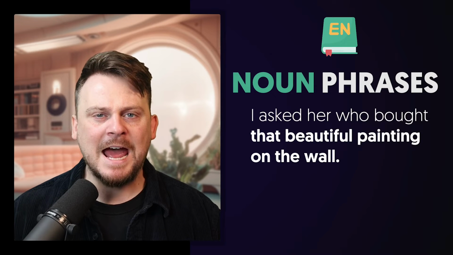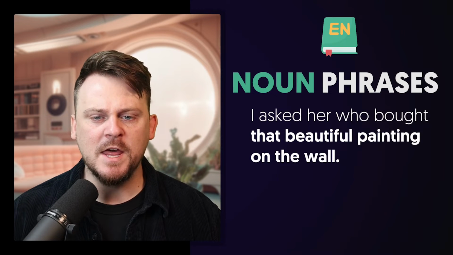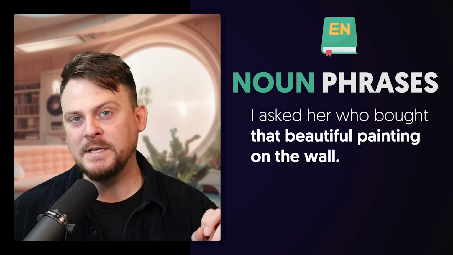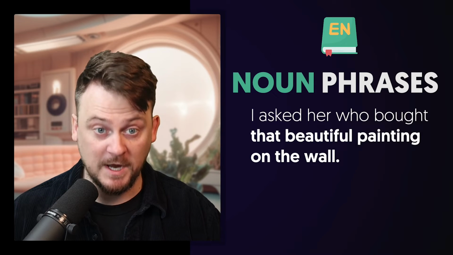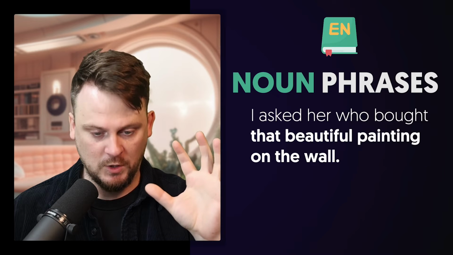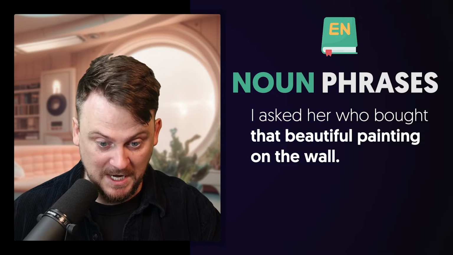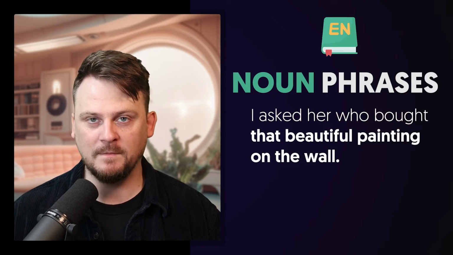Now let's look at the next one here. I asked her who bought that beautiful painting on the wall. Now, one thing I didn't mention is prepositional phrases. So a prepositional phrase is a phrase that has a preposition right at the beginning and tells you about the position of something.